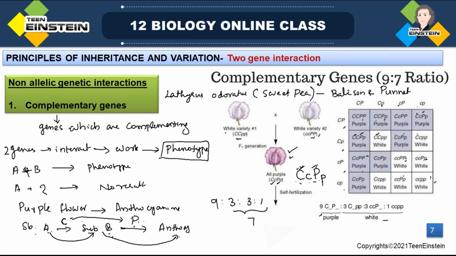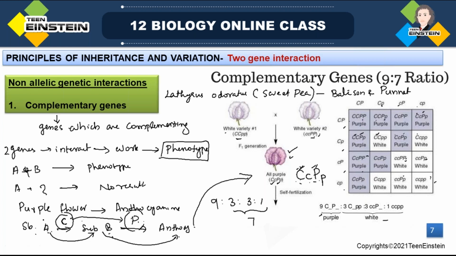Okay. When these both are in dominant condition, then only this product anthocyanin will form and it will come as a purple expression, purple color flower. If any one gene is absent, this dominant condition is absent, or this C gene is not present in dominant condition, it will not result in the purple color.